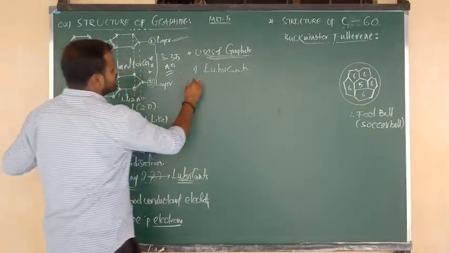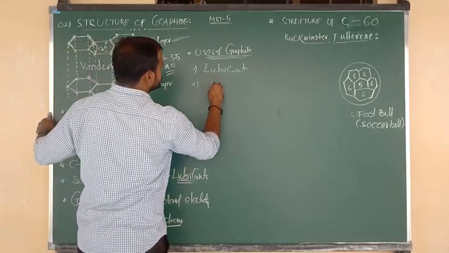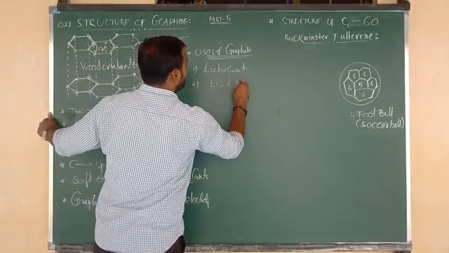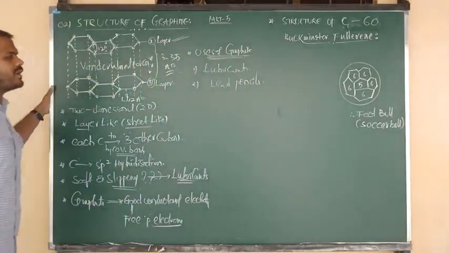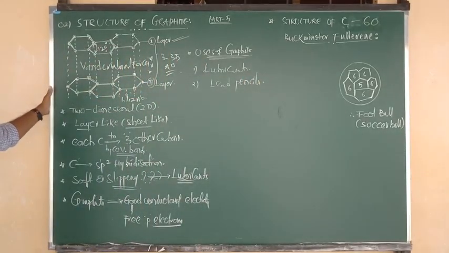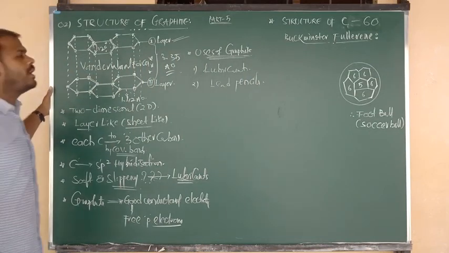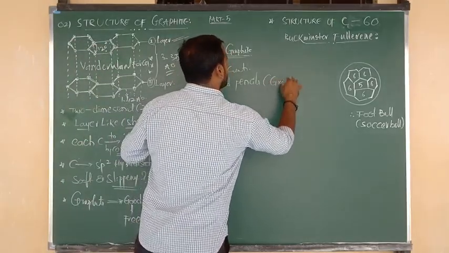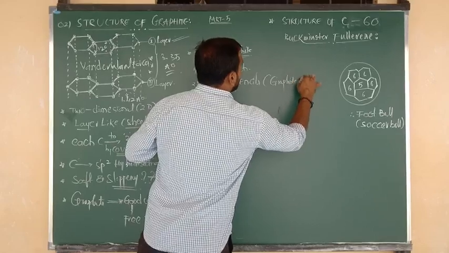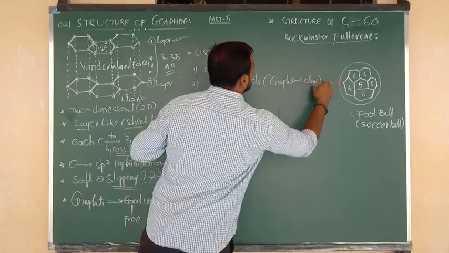And one more thing, it can be used in making lead pencils. One question was repeated in a previous board exam also. What is the percentage of lead in lead pencils? That is 0, because lead pencils are made completely using graphite, and it is mixed with clay particles.